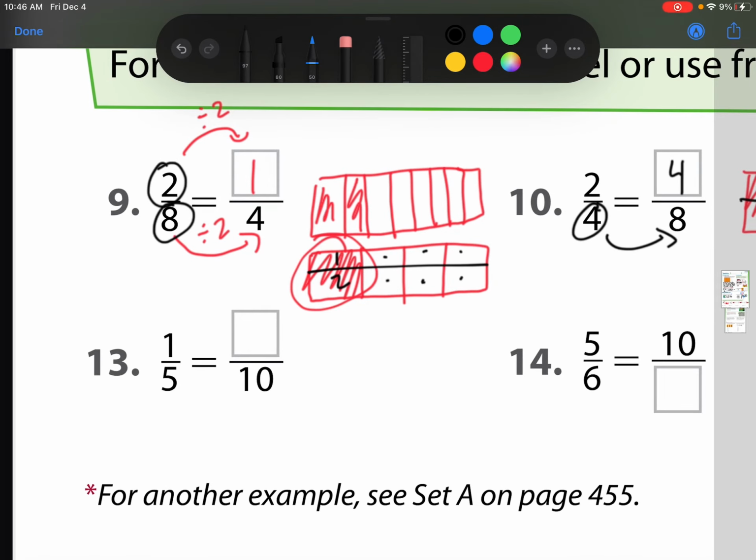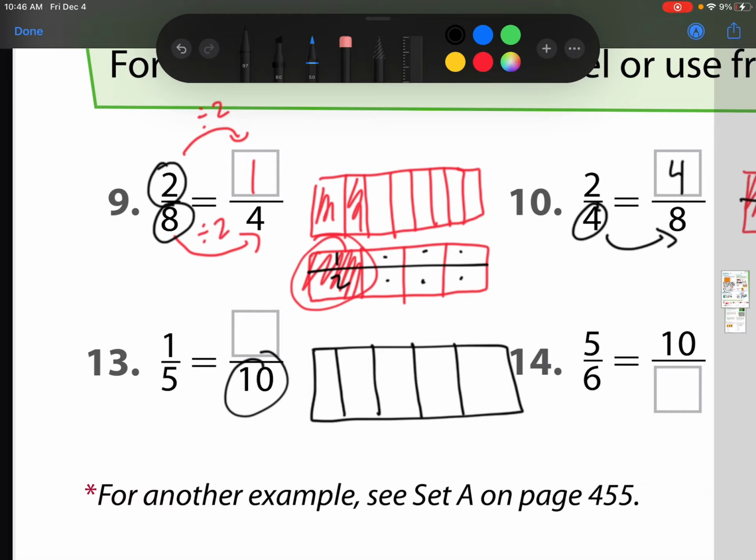Now let's go off to this one down here. We have 10 pieces, so we have 1, 2, 3, 4, and 5. And then I'm going to split it like this, just because it's easier than keep drawing them like that. But notice, it's still 10 pieces. But our tricky part is, it needs to be 1/5 that we start with.